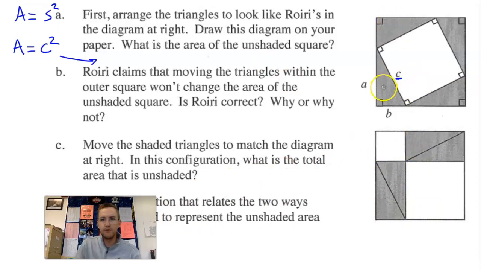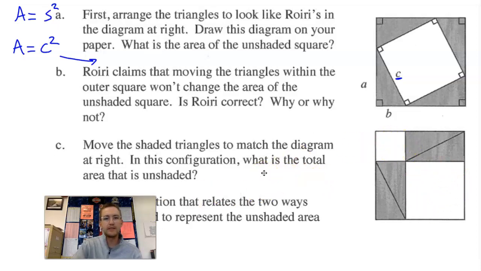These 4 shaded triangles didn't change size, they didn't change shape whatsoever. All we did is take them and move them around so that they were touching in a different orientation, but the outer square didn't change at all either. So because these 4 shaded triangles didn't change and the outside part didn't change, I think the unshaded parts have to be exactly the same as well.